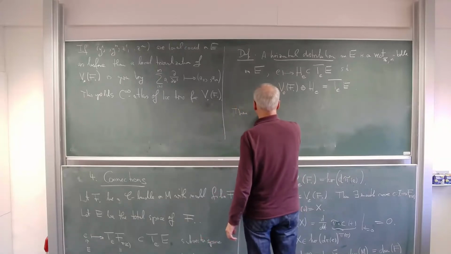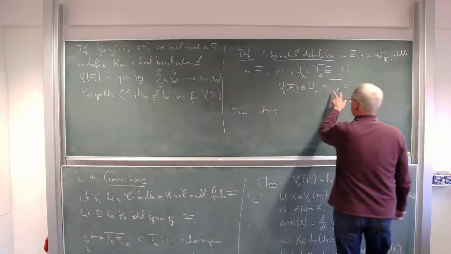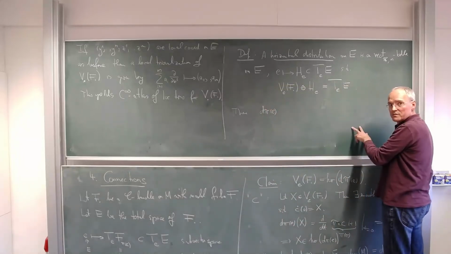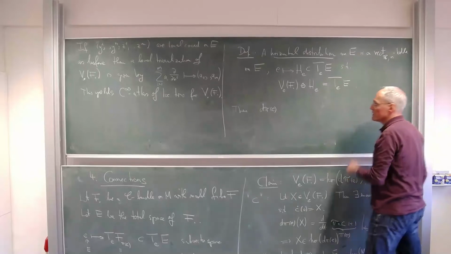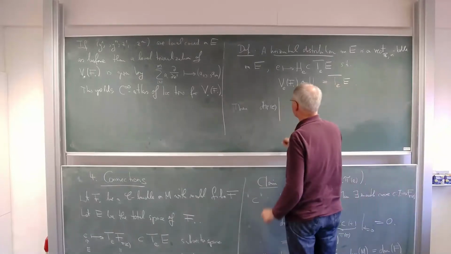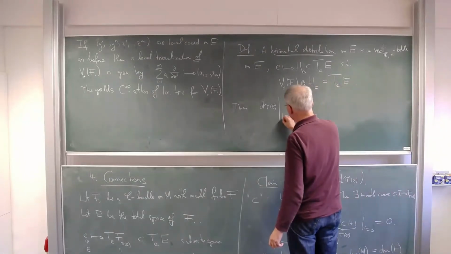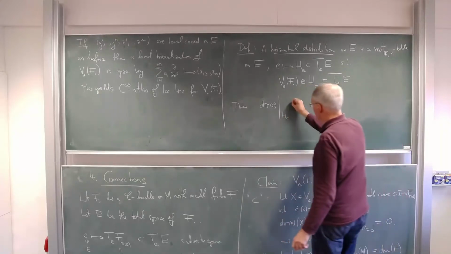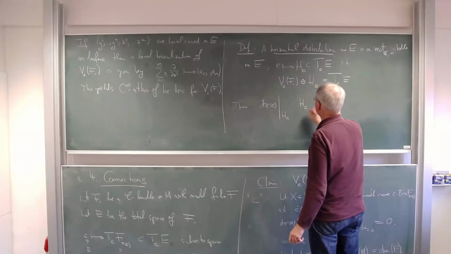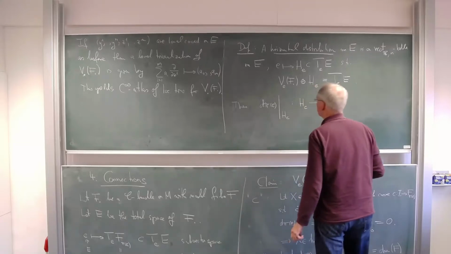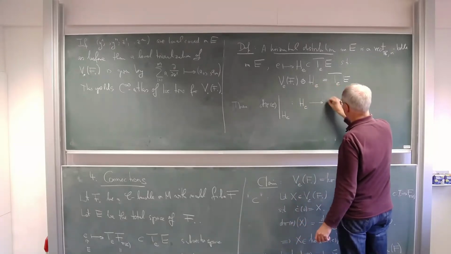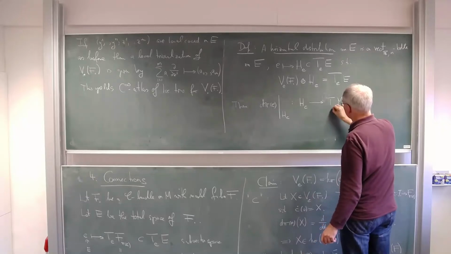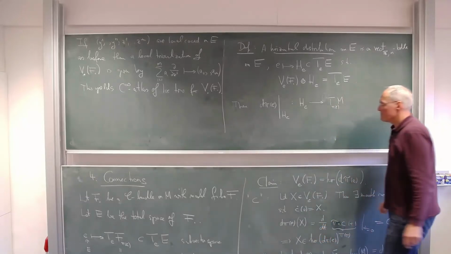And if we have that, then if we restrict the differential of the projection map, which maps the tangent space of the total space to the tangent space of the base manifold M, to the horizontal subspace, then this maps the horizontal subspace to the corresponding tangent space of M, at the base point of e.